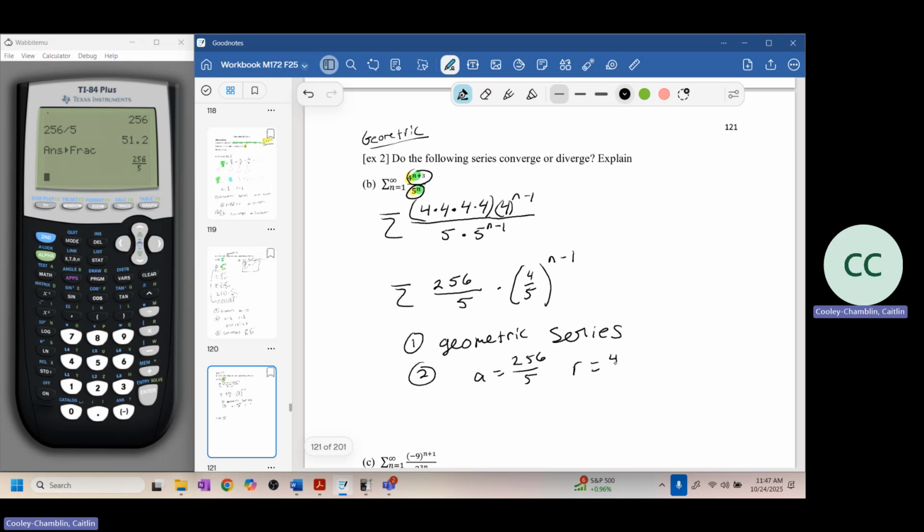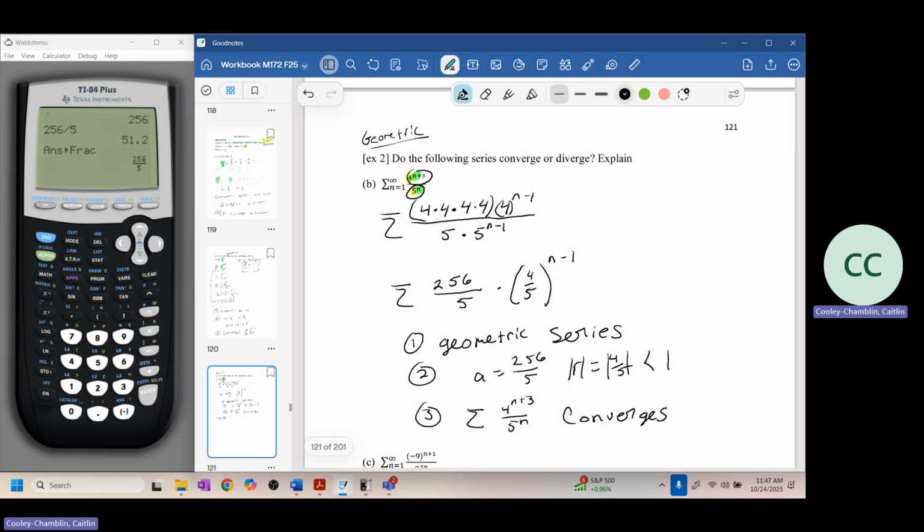R is 4/5. 3, I want to write a conclusion here. I've been writing these differently than in past semesters, which is why I'm writing so awkwardly. The absolute value of R is still 4/5, which is less than 1. So the summation of 4 to the n plus 3 over 5 to the n converges.